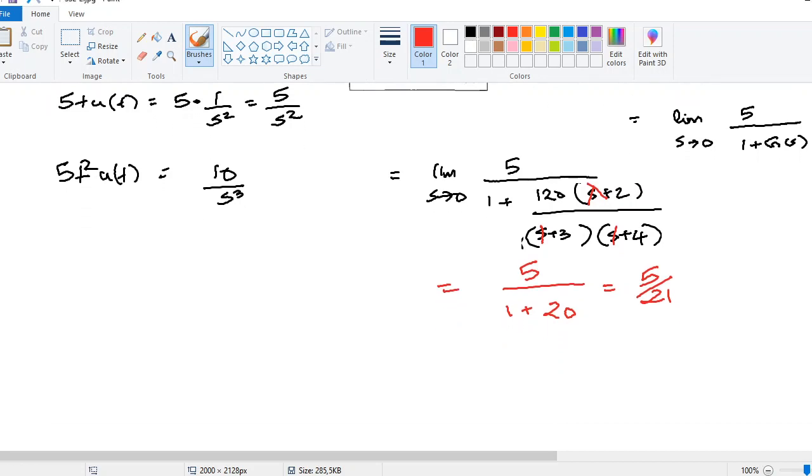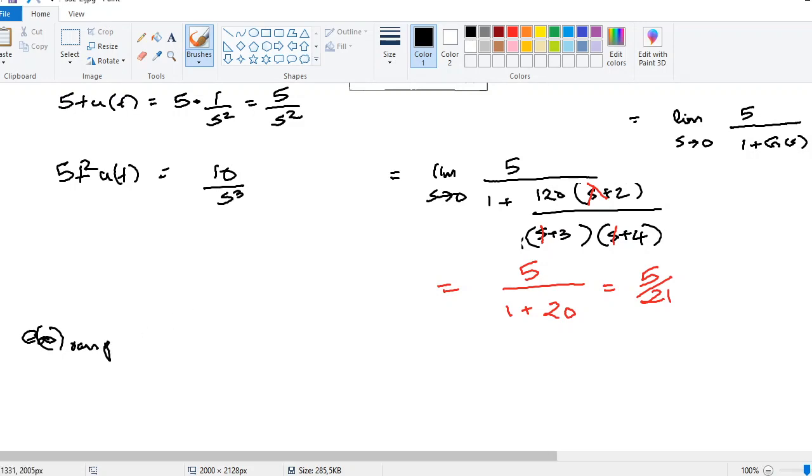Now if you go and have a look at the next one, that is the error due to the ramp input, e of infinity ramp.